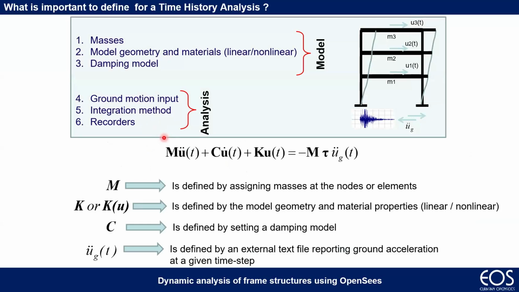Okay. The ingredients for our analysis. We have, again, mass, as I showed you before. We have damping now. You know how to create a damping matrix. We have stiffness. You know how to do stiffness.